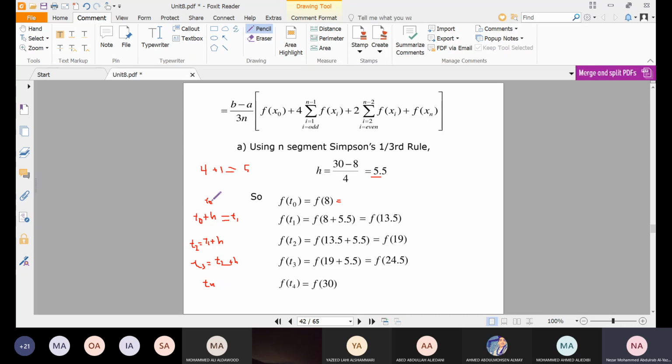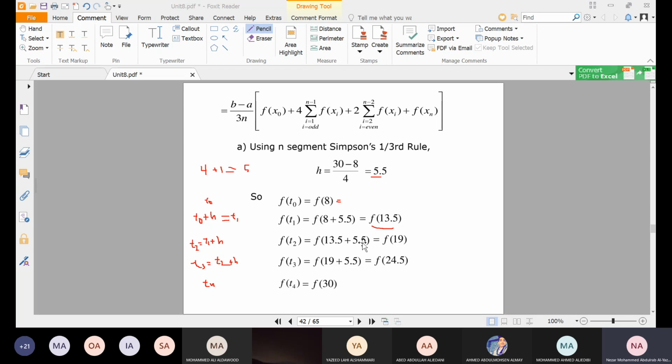So we have 5 points now: 1, 2, 3, 4, 5. We can evaluate the function when t equals 8. And t1 is equal to 8 plus 5.5, which is 13.5, so we need to evaluate the function at 13.5. And t2 is equal to 13.5 plus 5.5, which equals 19, so we evaluate the function at 19.